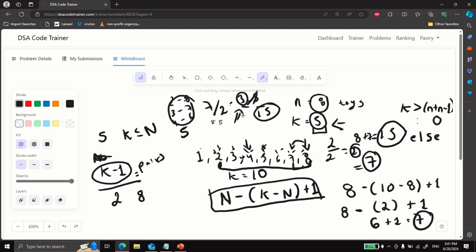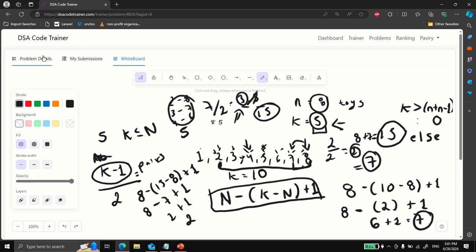My 8 is going to be my k, that is 15, minus my number 8, plus 1. So this is going to be 8 minus 7 plus 1. So 8 minus 7 is 1, plus 1 is 2. So this satisfies. This is something that we have to consider in order to get our solution.